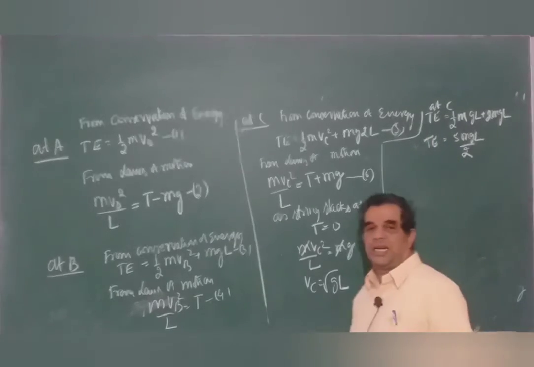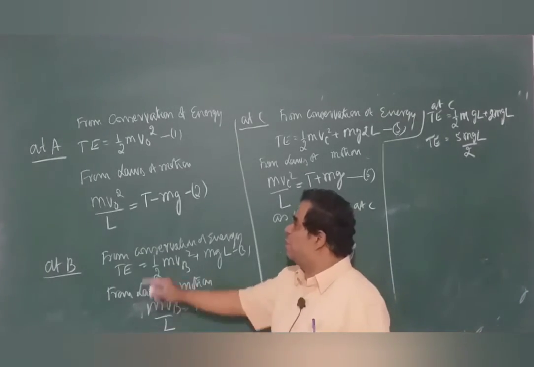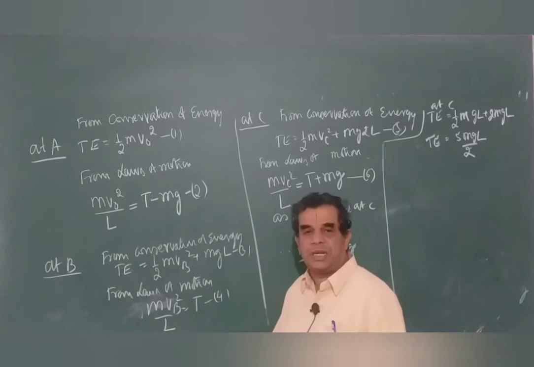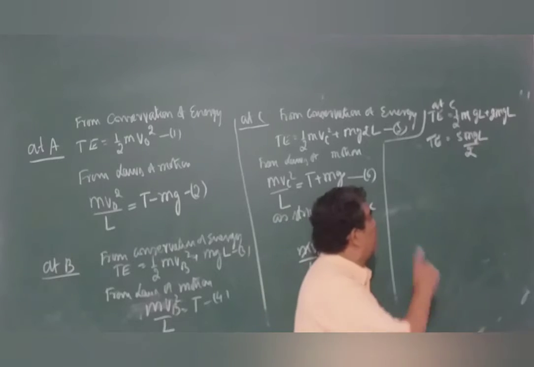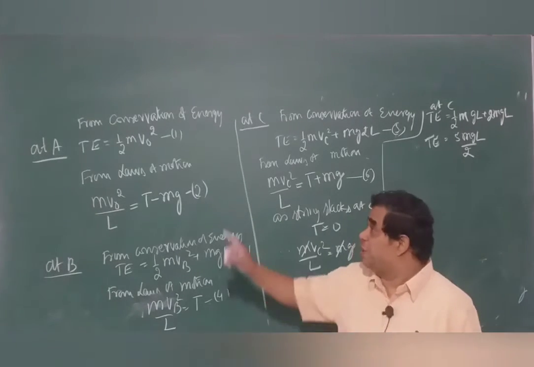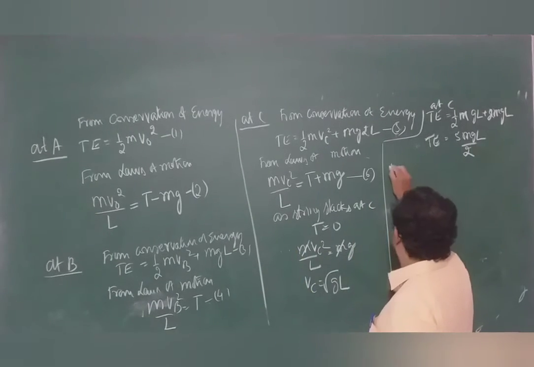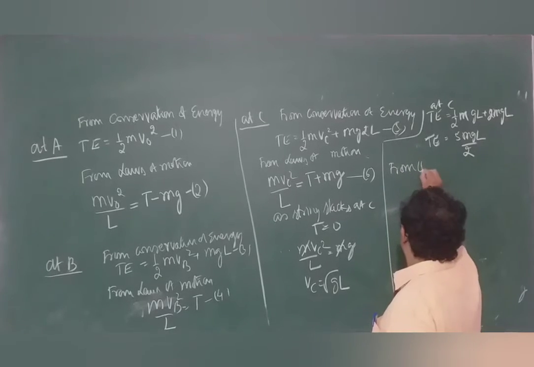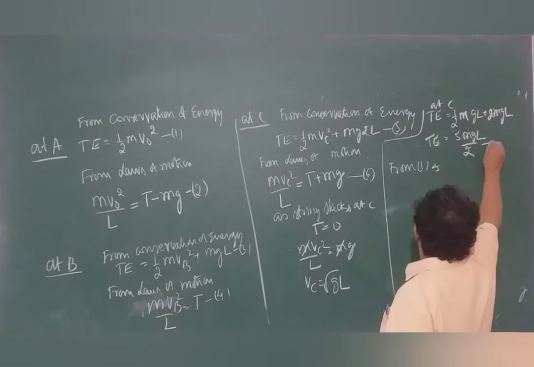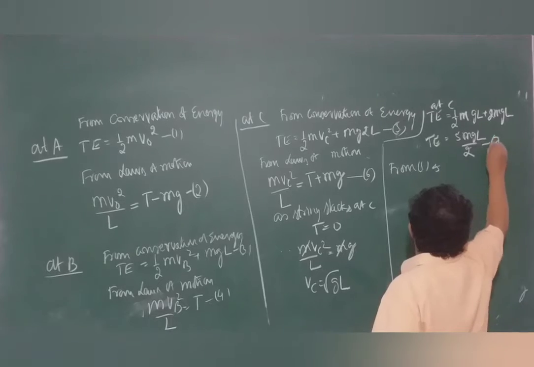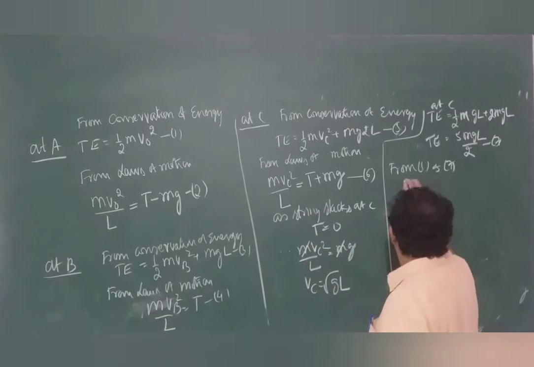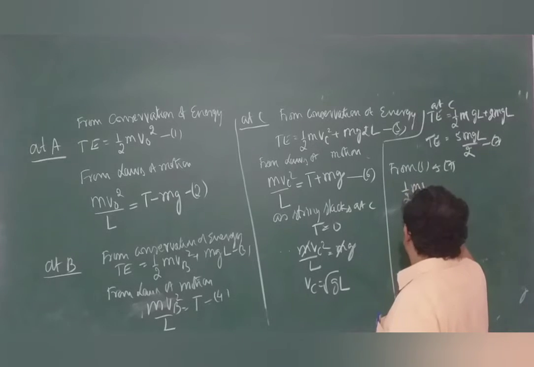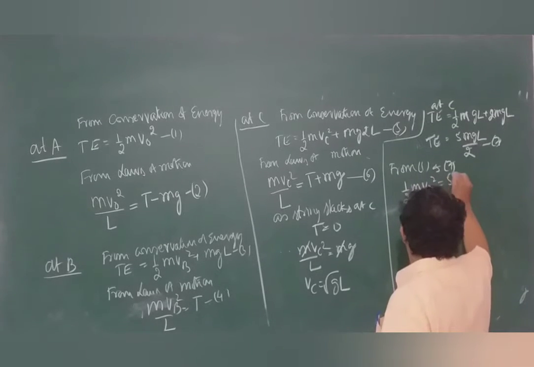In fact, according to law of conservation of energy, total energy at A, B and C must be conserved, that is, they must be same. Therefore, I can equate 5mgL by 2 to equation 1. From 1 and 7, both the total energies are same. So, we substitute half m V0 square equals 5mgL by 2.